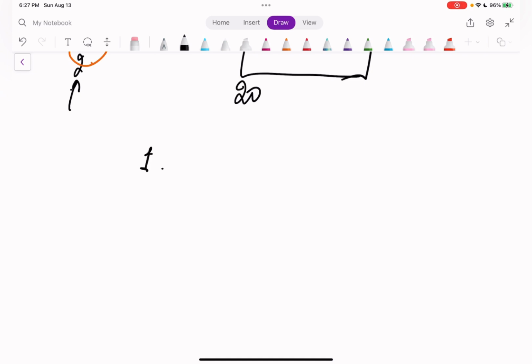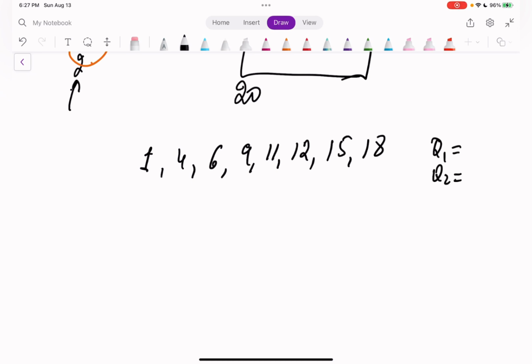So I just take data that are already in ascending order: 1, 4, 6, 9, 11, 12, 15 and 18, let's say. That's 8 numbers. We need to find Q1, Q2, Q3.